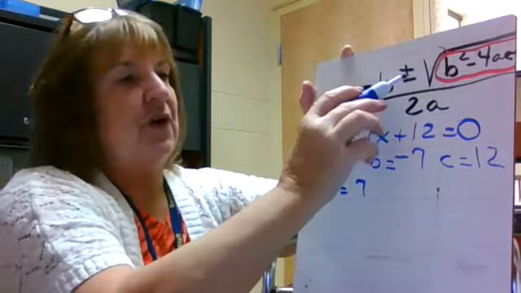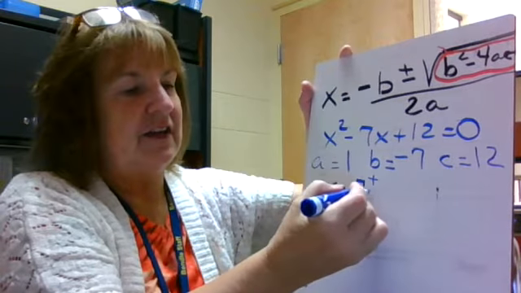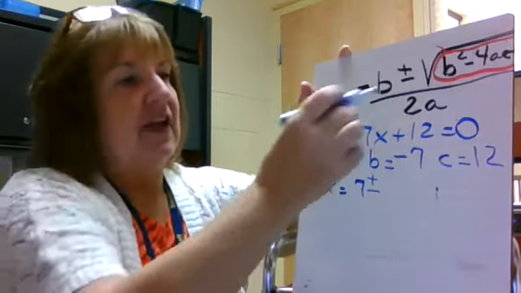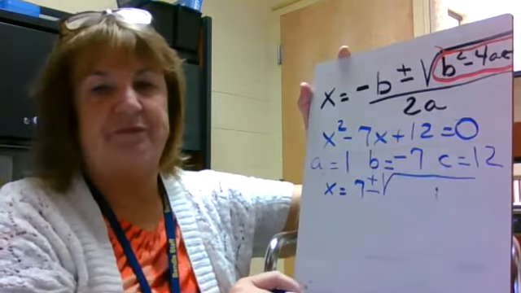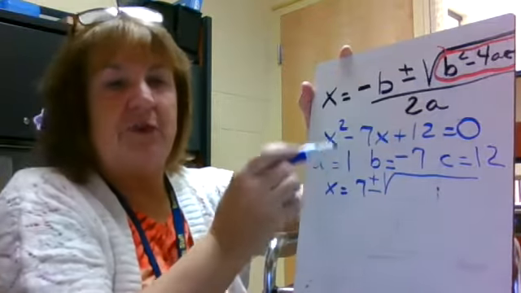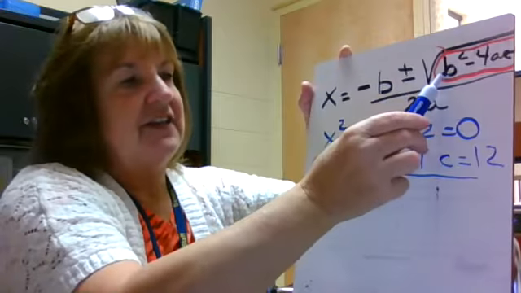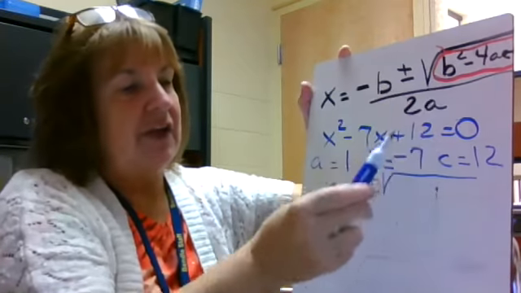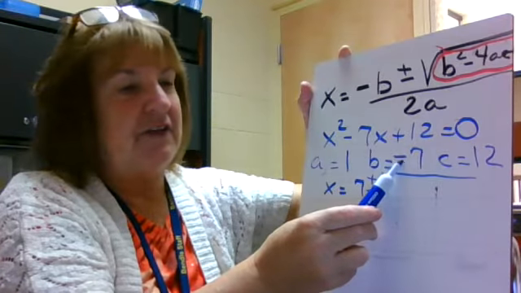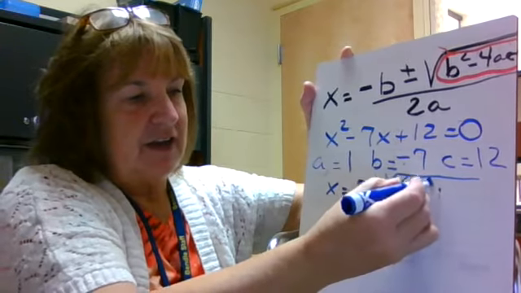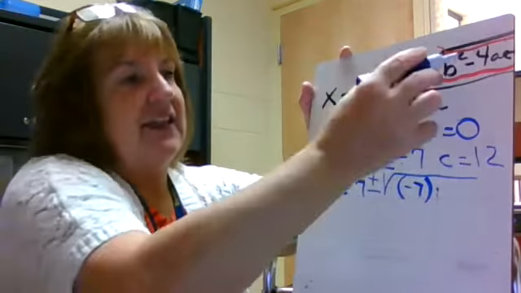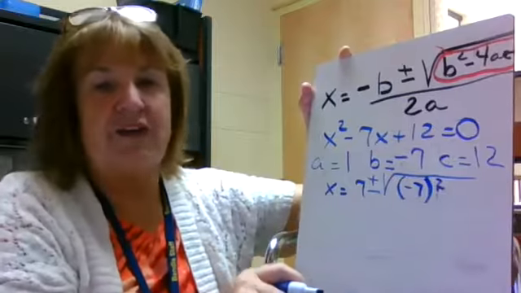Then we continue to write plus or minus. Then we have the square root sign. Now this is where we should use parentheses. This is telling you to take the B number, which is -7. So put it in parentheses, -7, close the parenthesis, and then put the square out there. Don't forget the square.